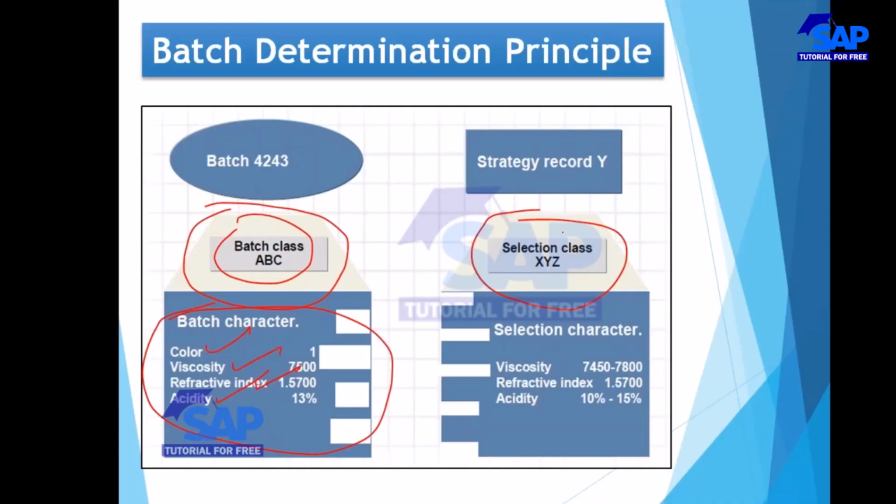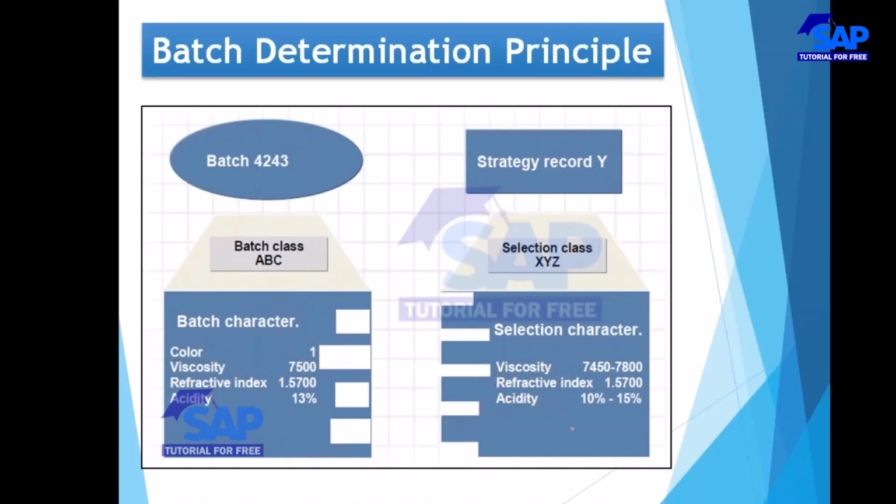When I am selecting the batches, the characteristics on which I want to pick them are defined in the selection class. Sometimes you have four characteristics, but I want to pick batches into the order based on only three. I don't want to use color during the selection process, so in the selection class you will enter only those characteristics. We will see this in detail.